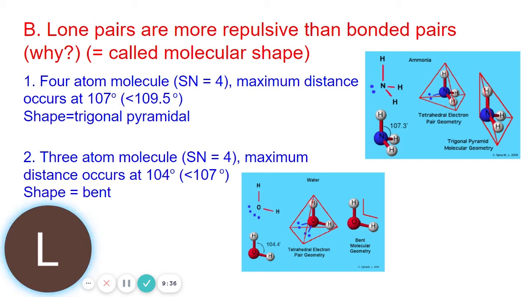With this example, if you Google it, you're going to commonly see 104.5. Again, that is okay as long as you know it's going down. Every time you add in a lone pair, the bond angle is going to get smaller and smaller because the lone pairs push harder on the shape than the bonded pairs do.